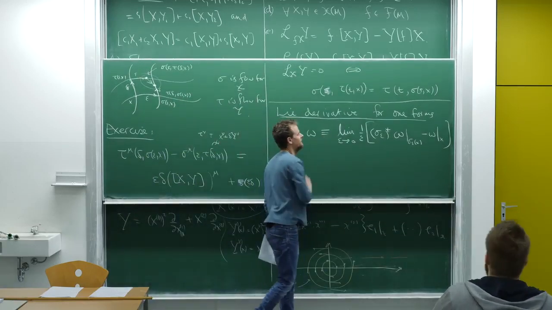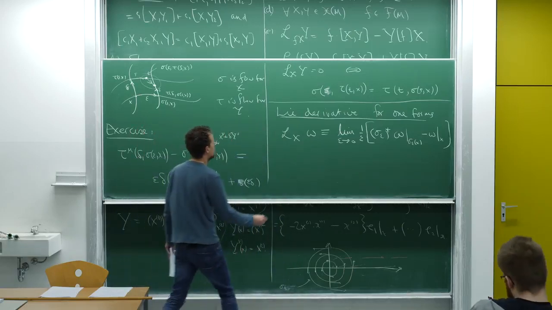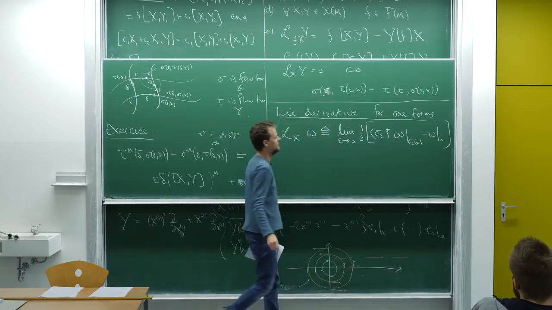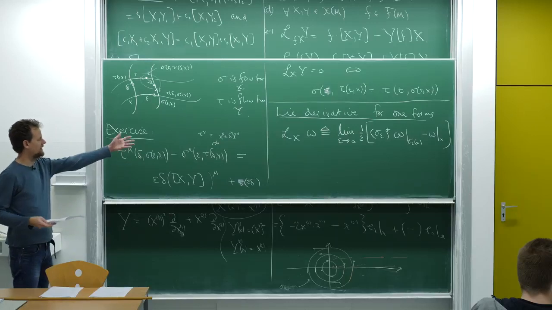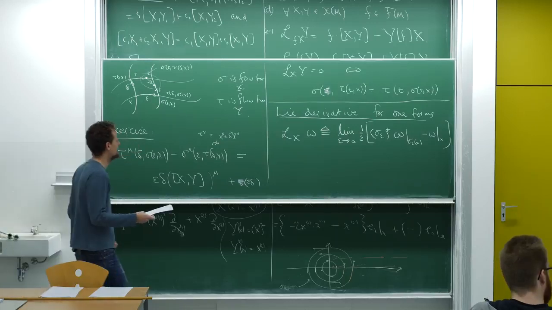So that's actually a definition. I like 3 lines to mean equivalent, so that's a definition. So that is one natural way to exploit the idea we had for vector fields and apply it to one forms.